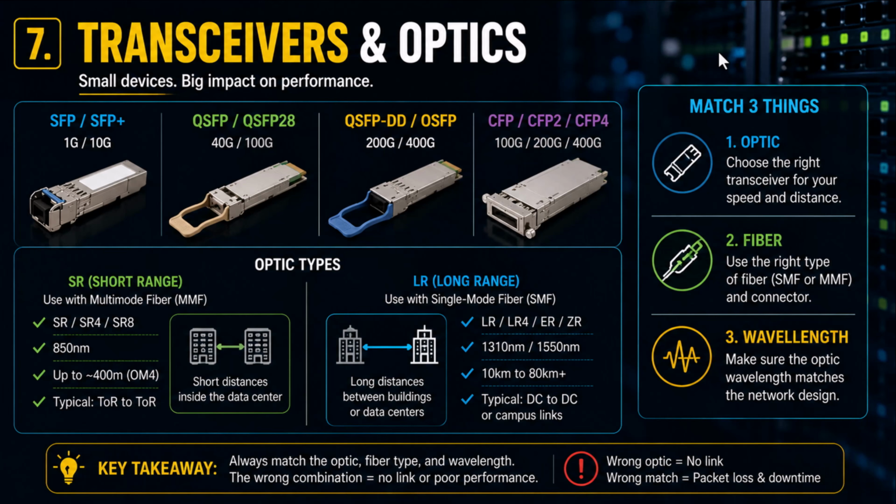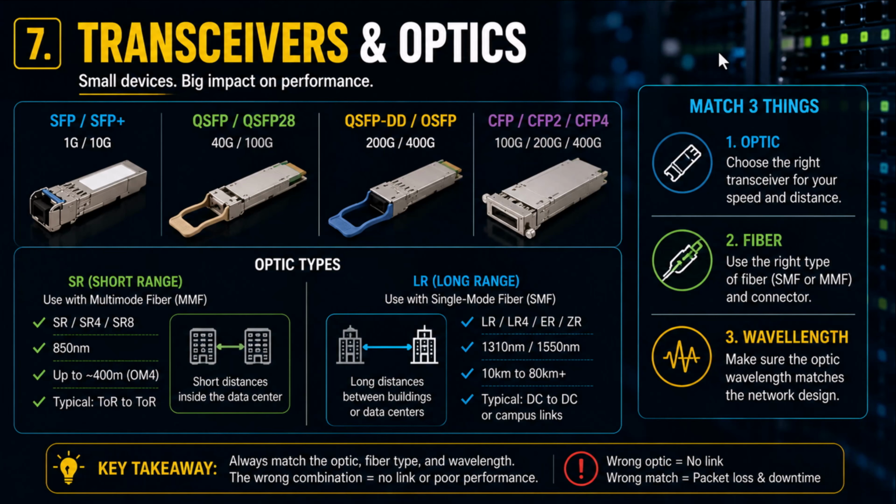We also need a transceiver. You've probably seen names like SFP, SFP+, SFP28, QSFP, QSFP28, QSFP-DD, and others. These modules sit inside the switch or router interface and convert the electrical data from the device into optical signals, or the other way around.